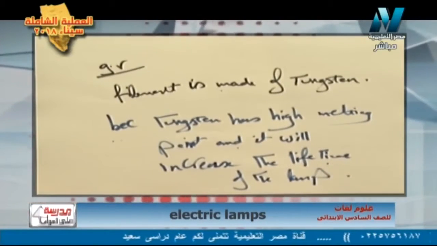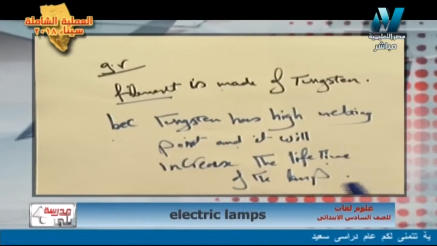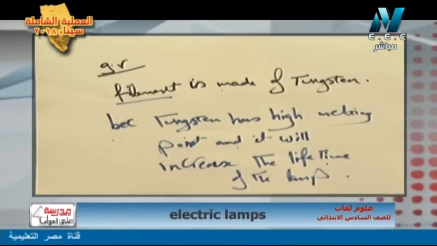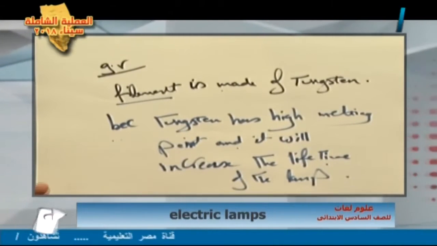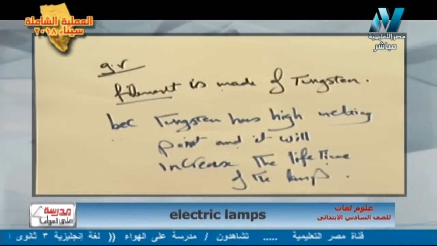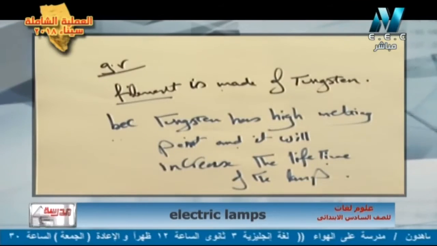Okay, so again the question says the filament is made of tungsten. Why did we choose tungsten specifically? Because tungsten has high melting point and it will increase the lifetime of the light bulb.